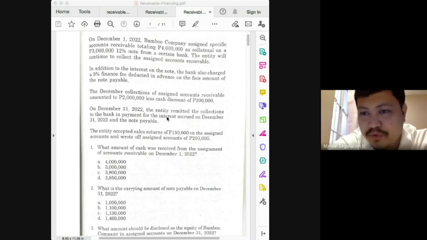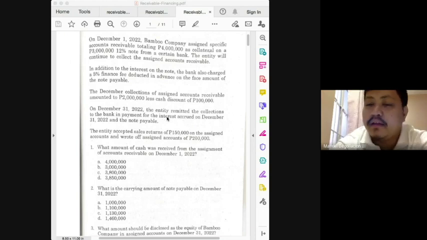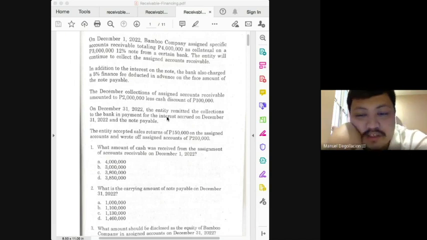So in this case, we were able to get 1,900,000. And what are we supposed to do with the 1,900,000? We would be remitting this to the bank. We will be giving this to the bank as a payment of our borrowings. Okay, but will that mean our answer is 1,100,000, since we borrowed 3 million and then we were giving 1,900,000 to the bank?